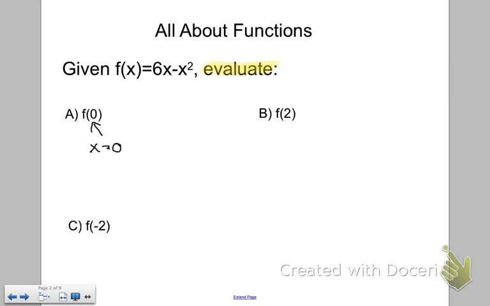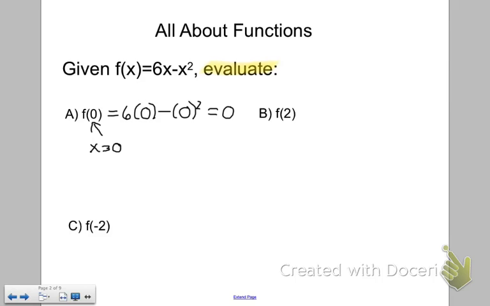So we're plugging in an x of 0, and we're going to see what we get out. So f of 0 would equal 6 times 0 minus 0 squared. 6 times 0 is 0. 0 squared is 0. So we essentially have 0 minus 0, which equals 0.